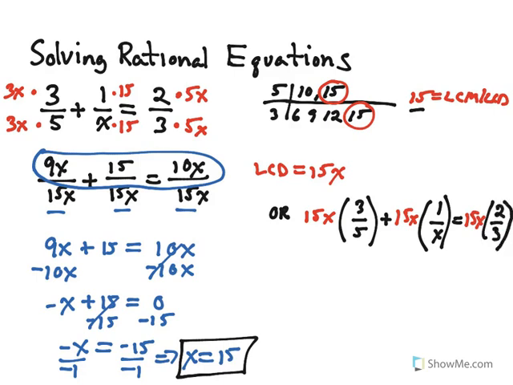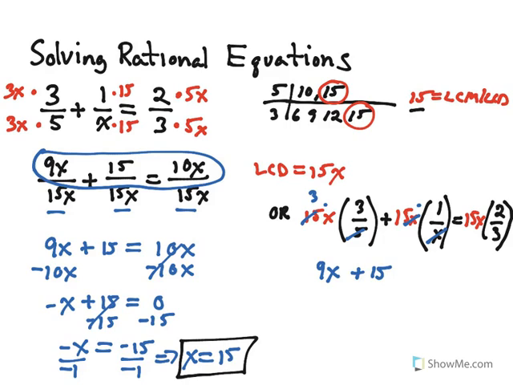2/3. And when you do that, you can cancel the denominator with the LCD. So 5 cancels, 5 goes into 15 3 times. So then you have 3 times x times 3, which gives me 9x. Here, this x cancels and this x cancels. So then you have 15 times 1, which is going to be a plus 15.